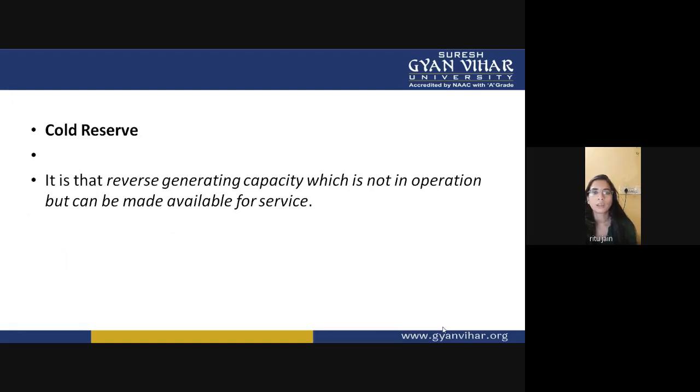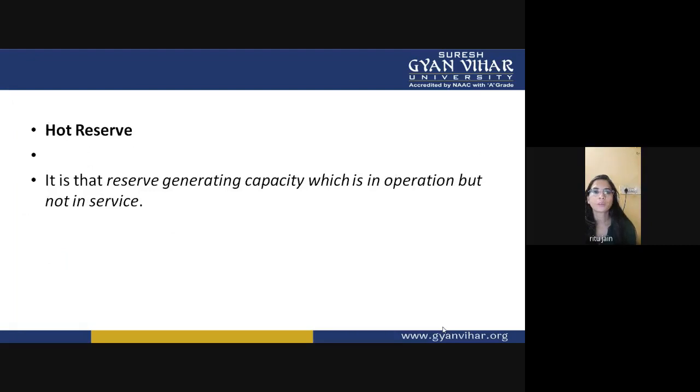You are reserving it and it is not in operation, but later, if you require electricity, you can use this capacity for utilization.